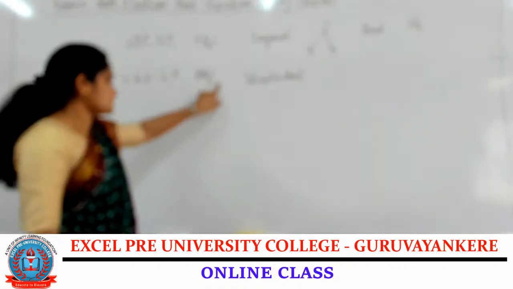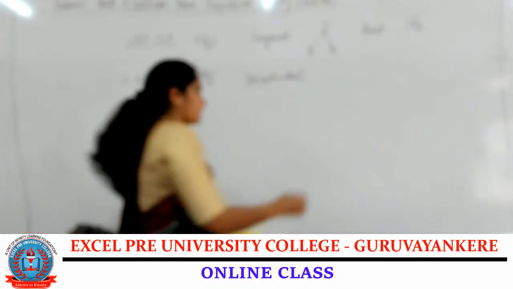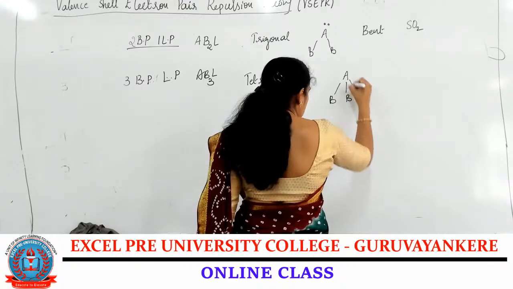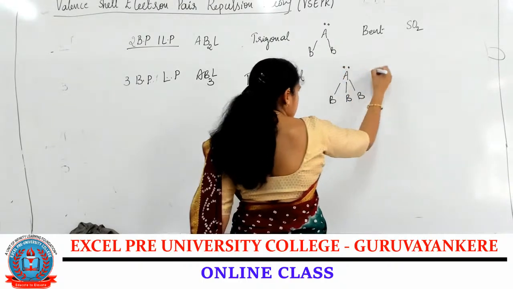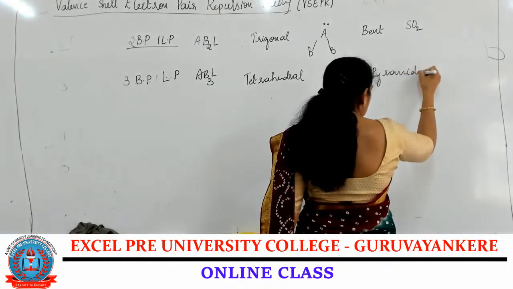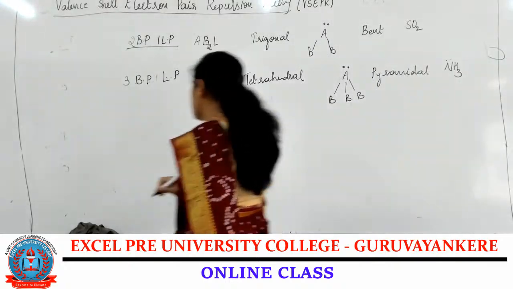Tetrahedral, 3 plus 1, so total 4 pairs, tetrahedral geometry. A, B, and lone pair of electron, and the shape of the molecule is pyramidal in shape, and the best example is formation of NH3.